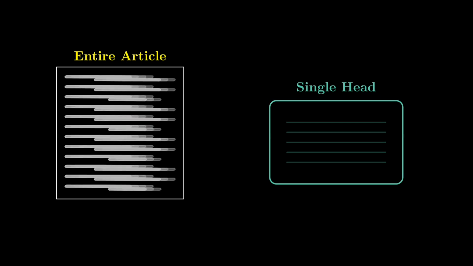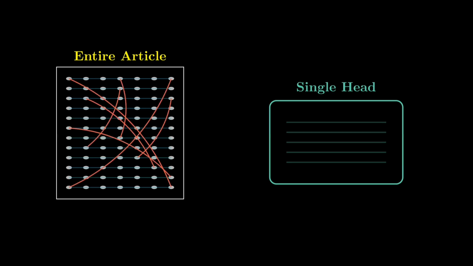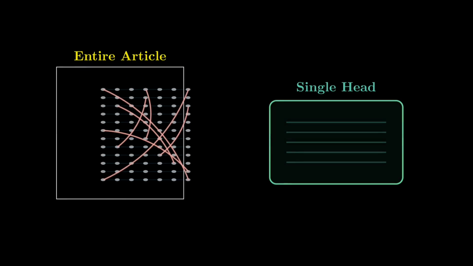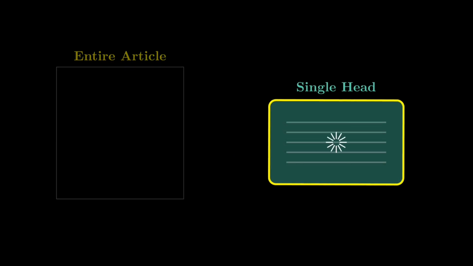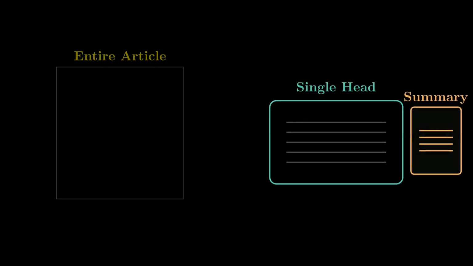And when it processes something large, the attention mechanism starts forming patterns, not just between nearby words, but also across long distances. Short-range connections and long-range connections both influence the result. This ability to catch different types of relationships, close ones and far ones, is what allows the model to read the whole article and generate a meaningful summary.